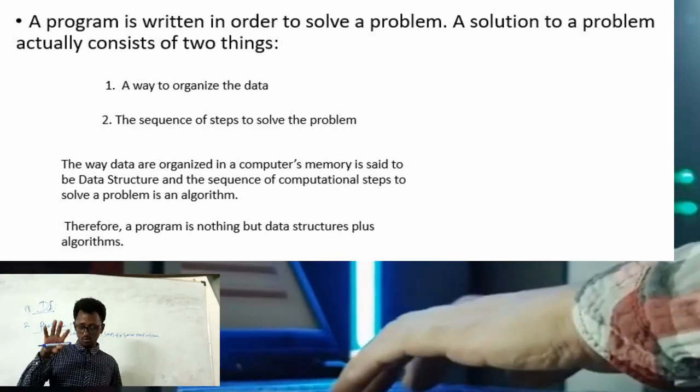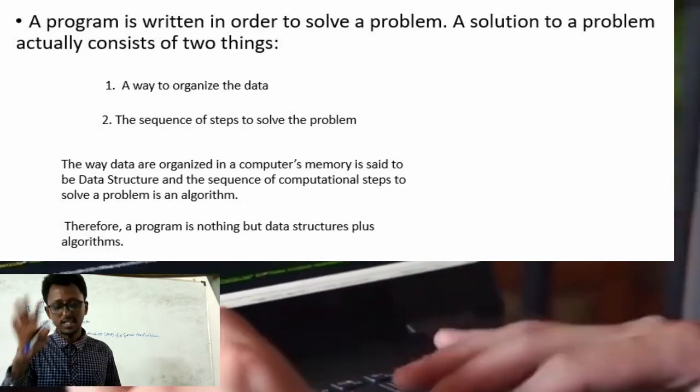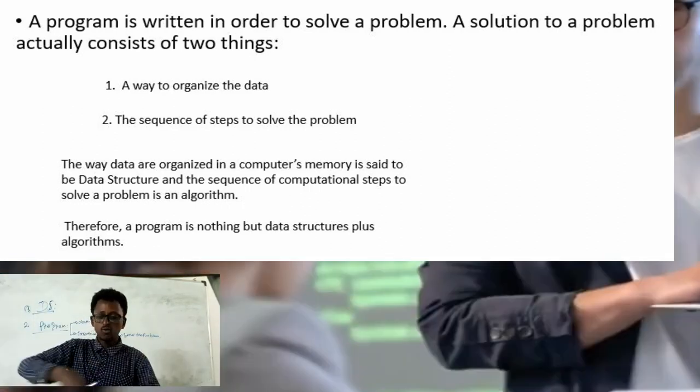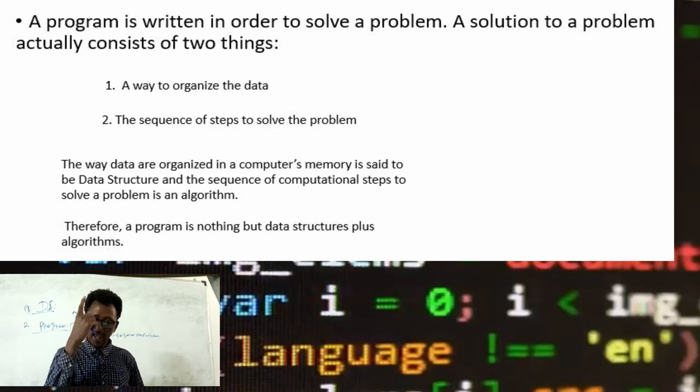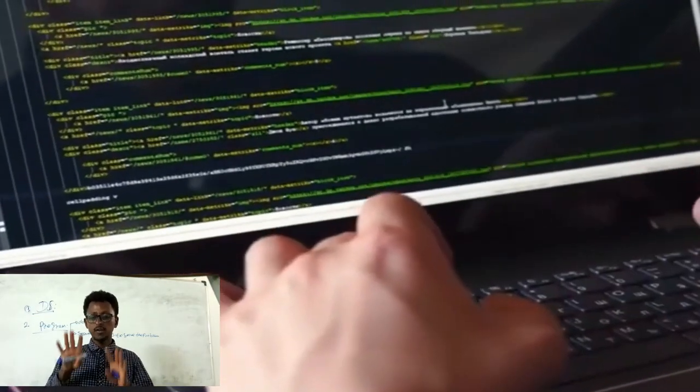How data is organized in computer memory is said to be data structure, and the sequence of computational steps to solve a given problem is called an algorithm. So we have two things.